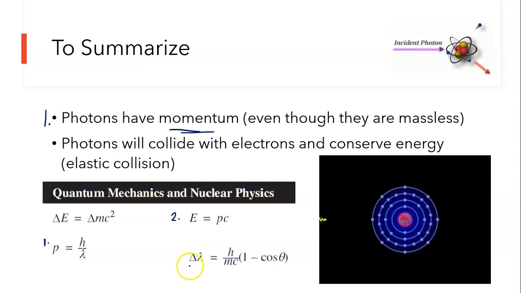And we can find out that change in wavelength as it gets longer by measuring the angle from which that photon deflects. Right, this is the angle again of that photon.